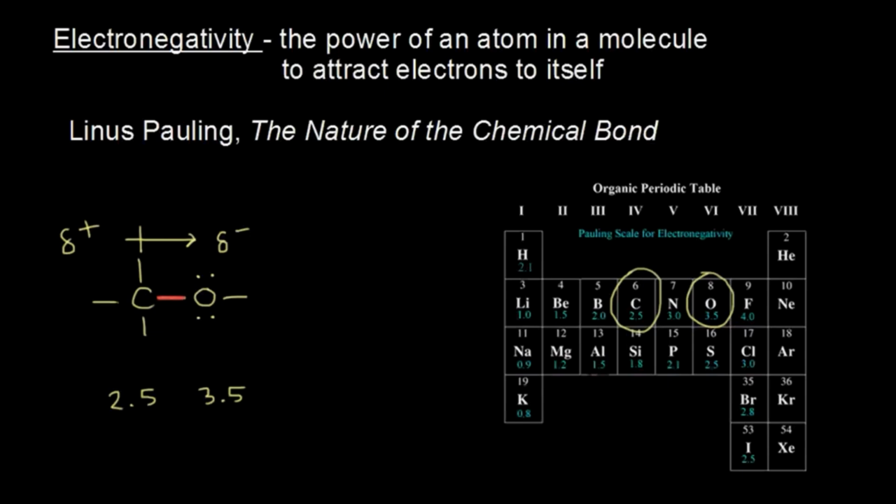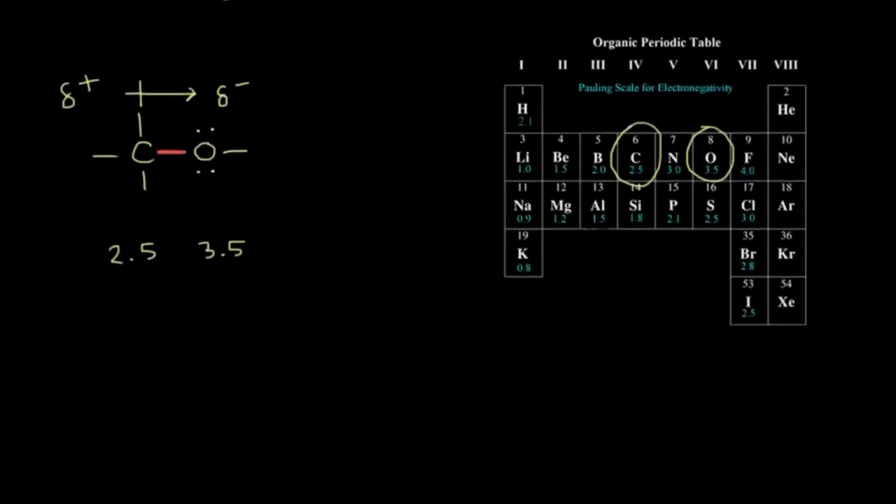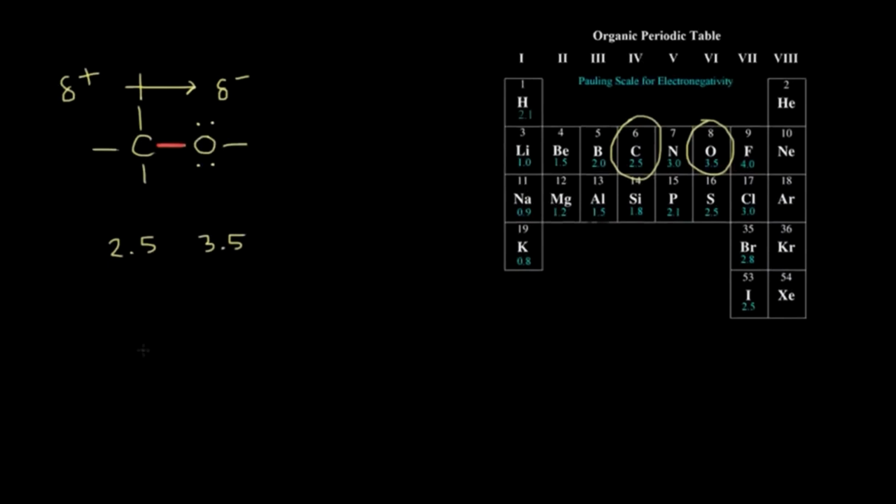Let's do a few more examples here where we show the differences in electronegativity. So if we're thinking about a molecule that has two carbons in it, and I'm thinking about what happens to the electrons in red, well, for this example, each carbon has the same value for electronegativity, right? So the carbon on the left has a value of 2.5, the carbon on the right has a value of 2.5.